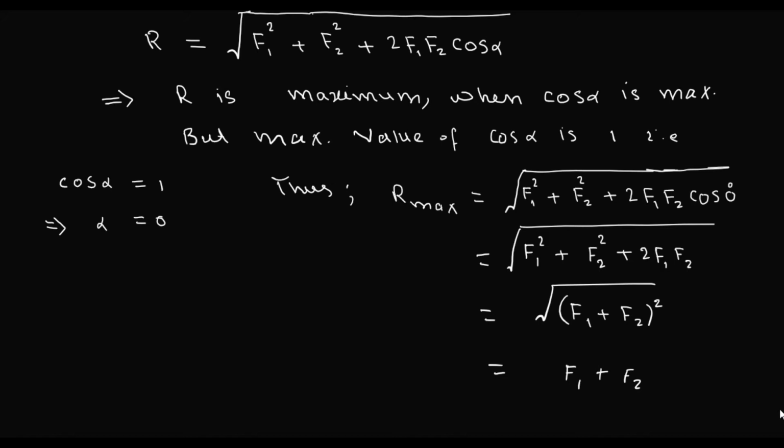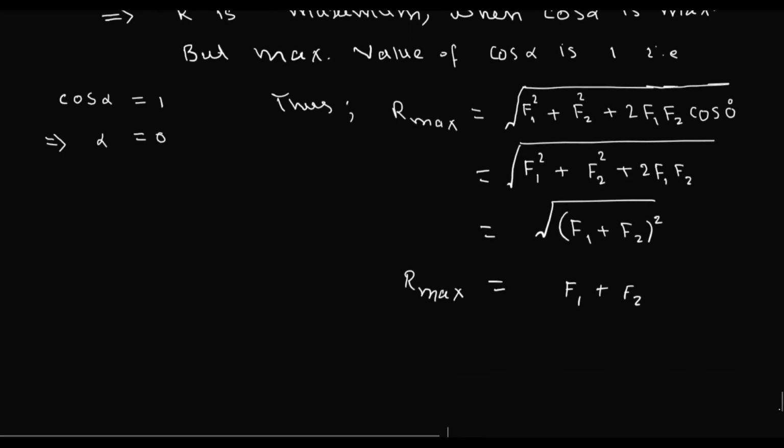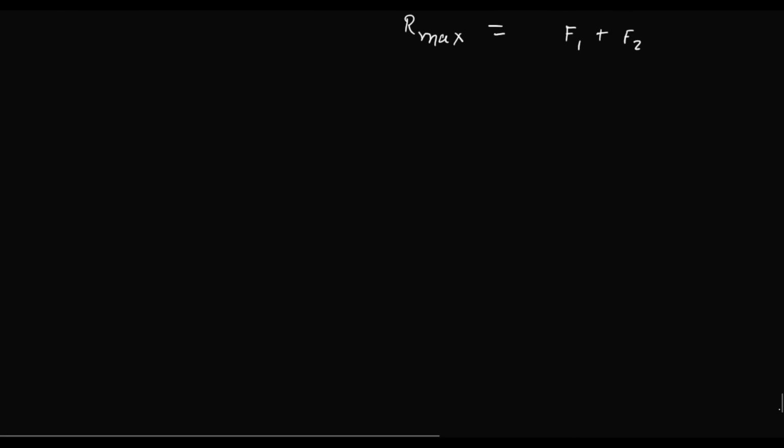So this implies that R maximum is equal to F1 plus F2. This is the maximum value of the resultant when cos alpha is equal to 1.